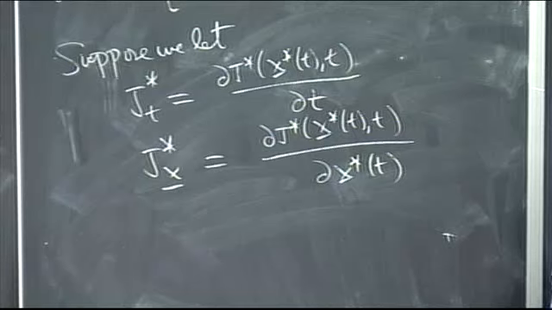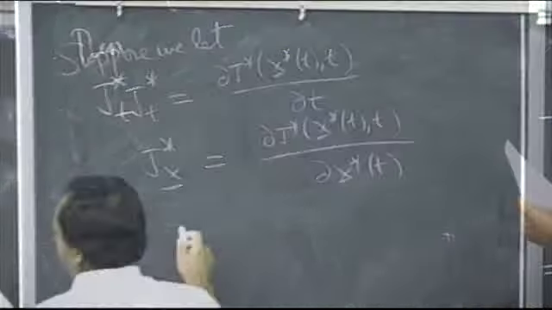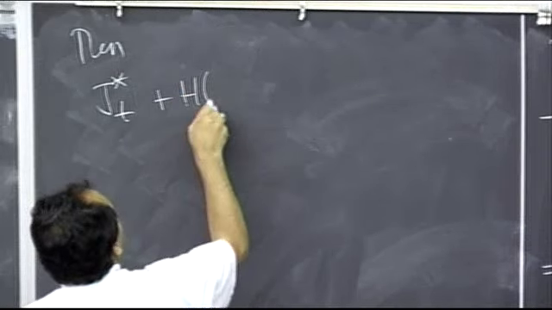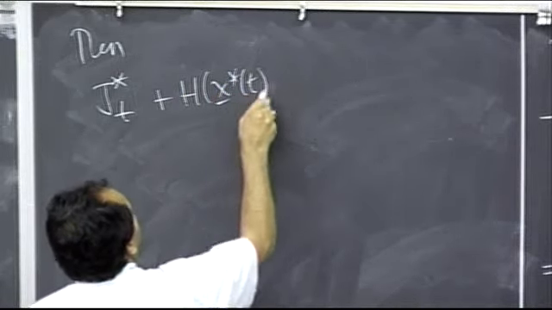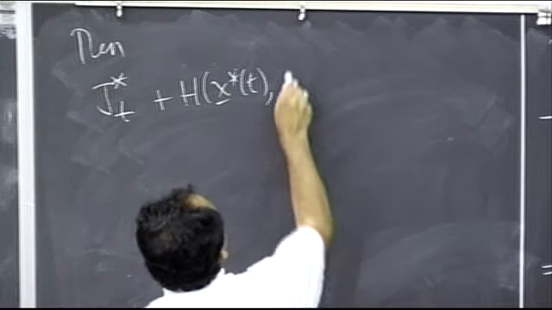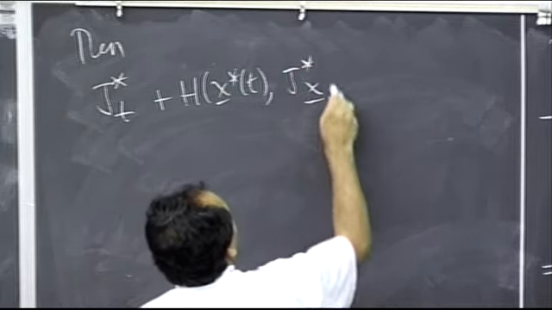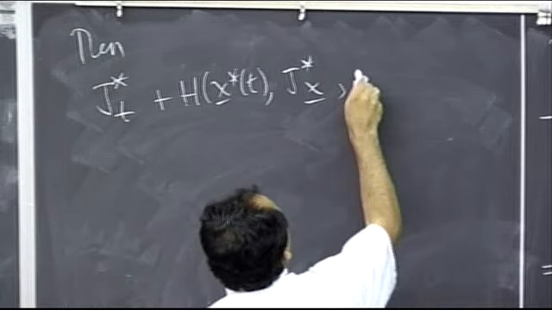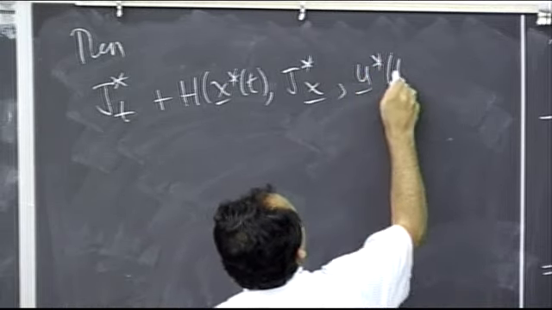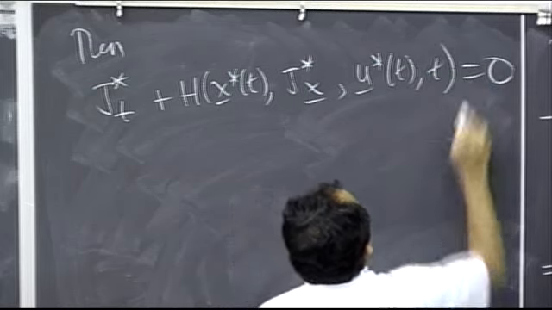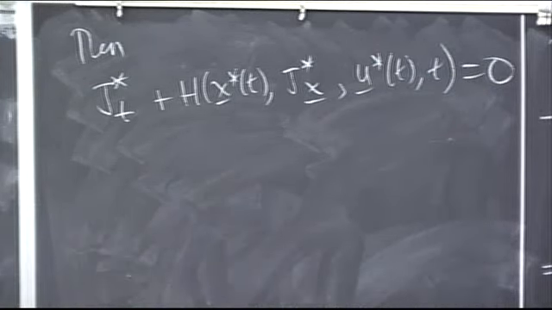Then we get J star T plus H of X star of T, J X star, U star of T, T equals 0. So let's make sure I didn't forget a term.